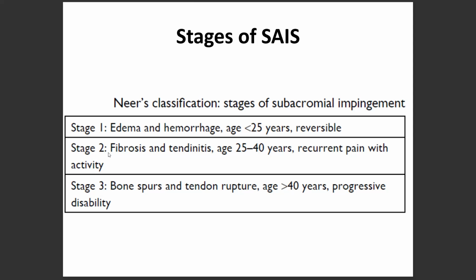In stage 3, bone spurs and tendon ruptures may appear, and this is very common in shoulder pathology in patients above 40 to 50 years. If they are left untreated, these conditions may progress into lifelong disability.